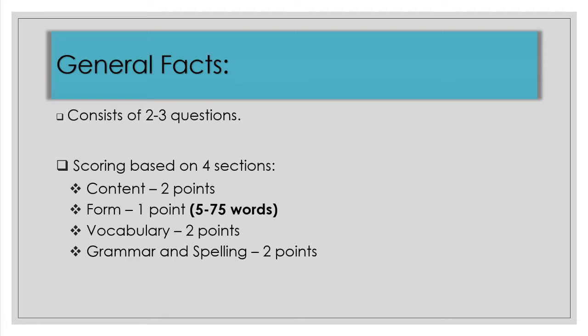You will be given two or three questions maximum to solve, and the scoring is based on four sections here, apart from the three sections that you usually see in the speaking parts of the PTE examination. First, you will be scored based on content, which means you use four or five keywords from the text.